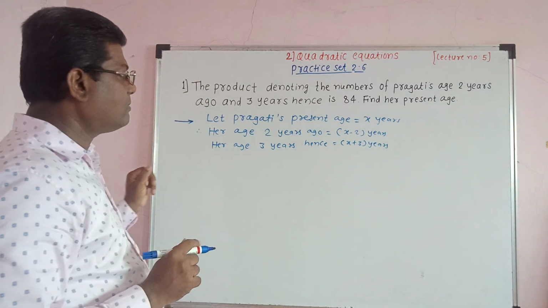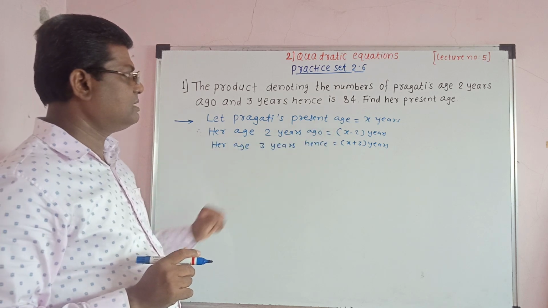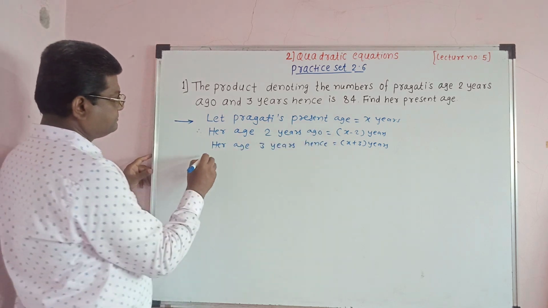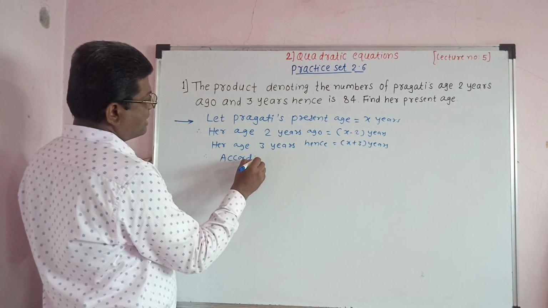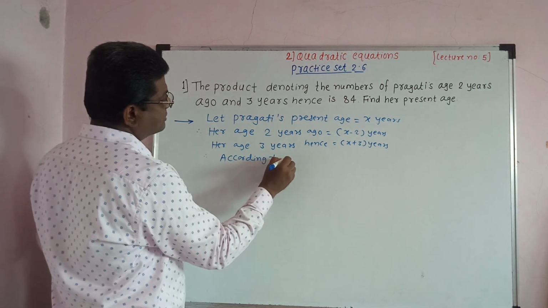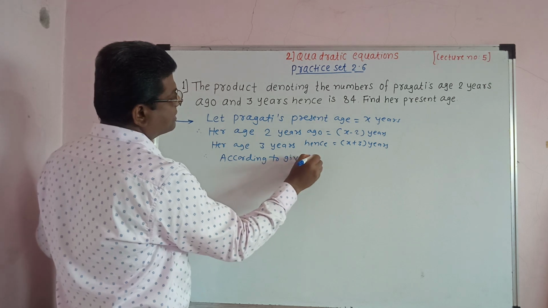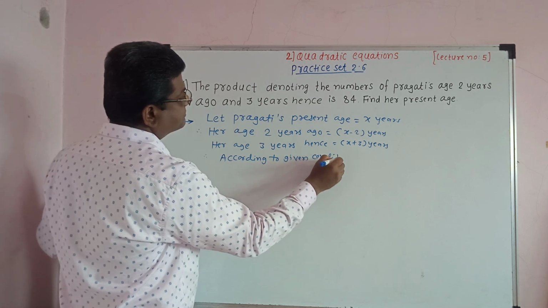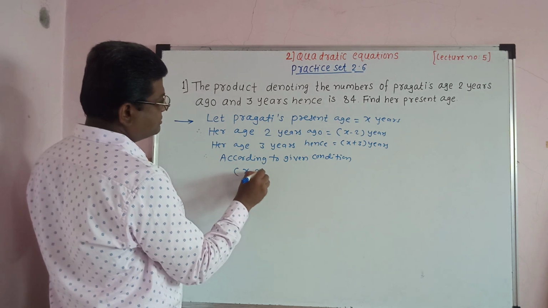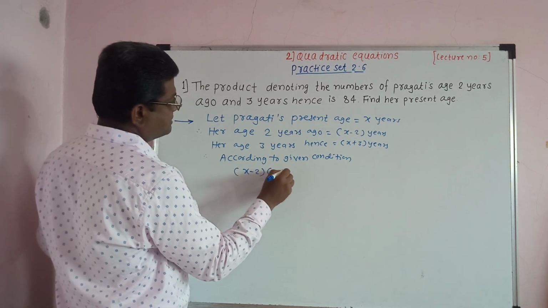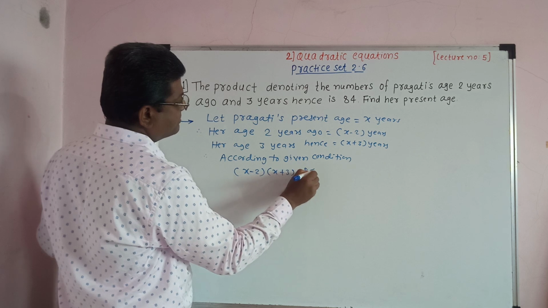Now the product of these two ages is 84. Therefore, according to the given condition, x minus 2 into x plus 3 is equal to 84.